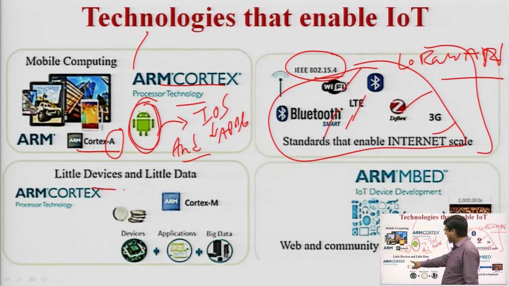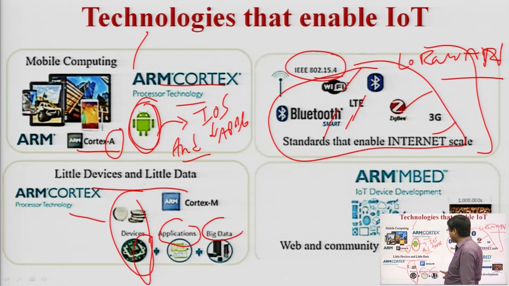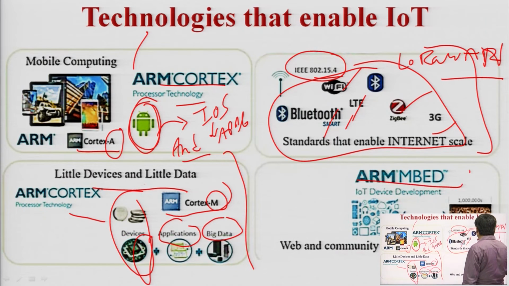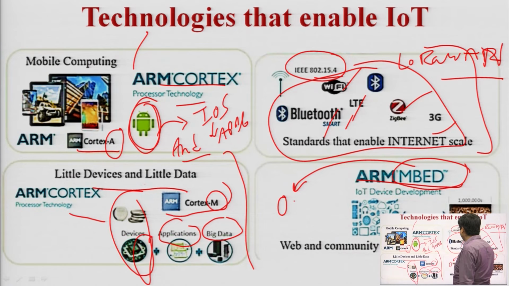So little devices and little data means ARM Cortex processor technology. We use it in devices, chips, and applications, and big data analytics can be done from here. We are using ARM Cortex-M, where M means the microcontroller boards. After that, ARM Mbed, which we have seen is basically an open source platform used with ARM processors.